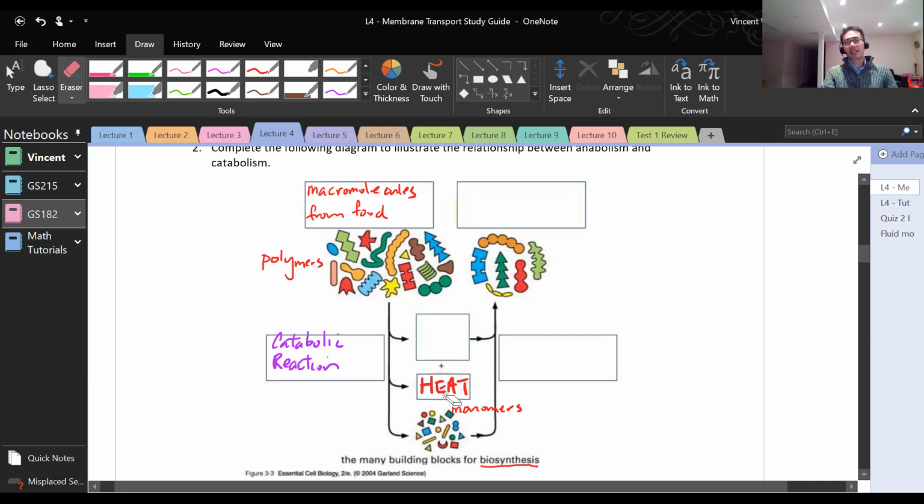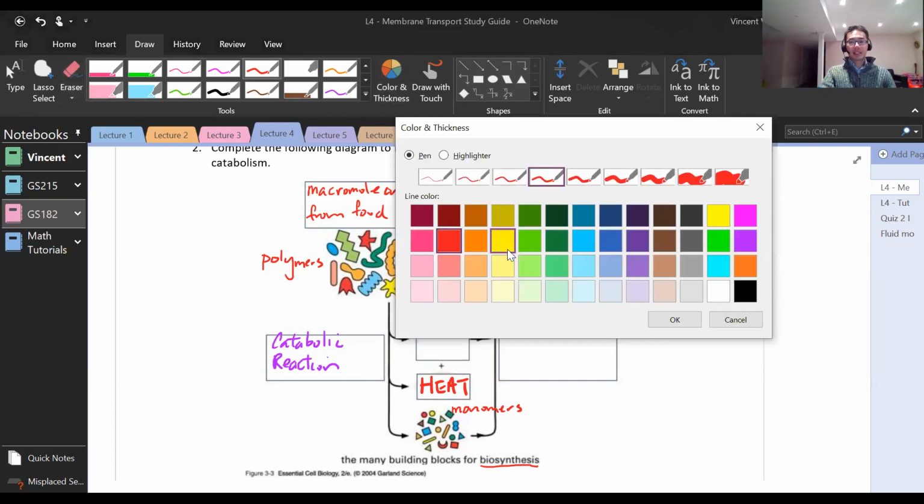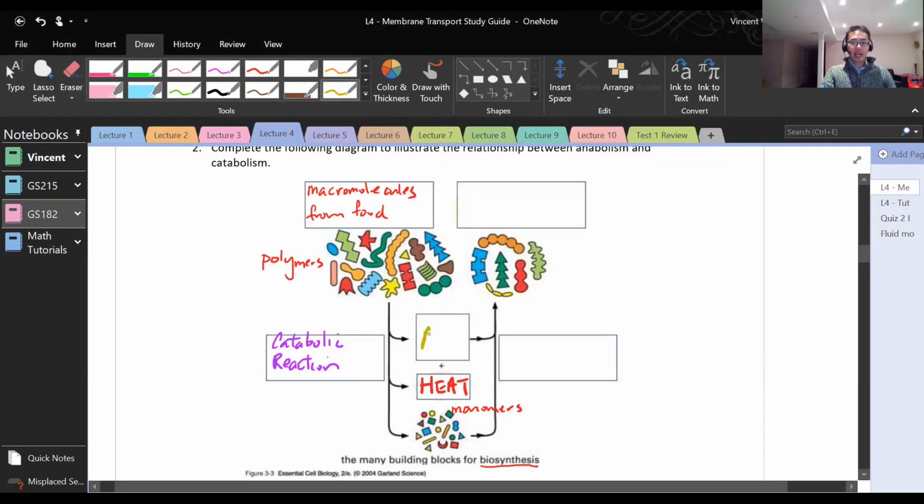It's not completely wasted, I guess, because we do need to maintain a body temperature of 37 degrees. After you eat the food, you feel warmer, because you're breaking the food down. Other energy that is released will be captured by molecules called ATP. ATP is the usable form of energy in the body.